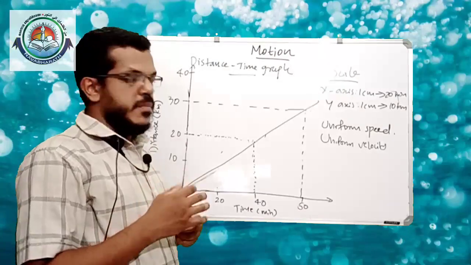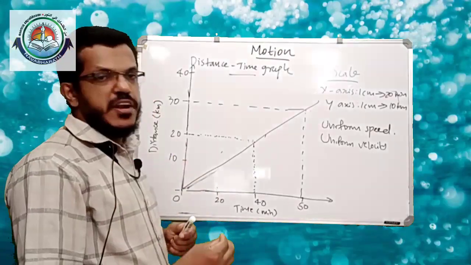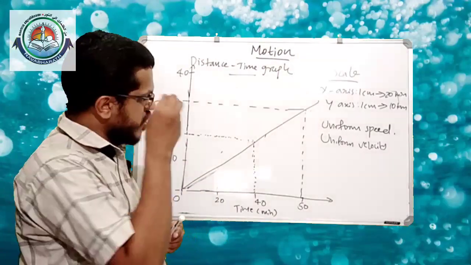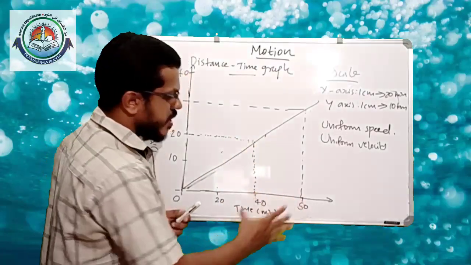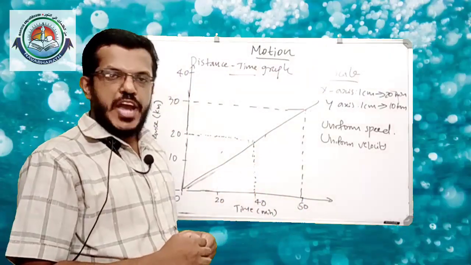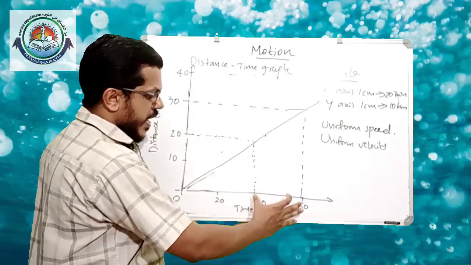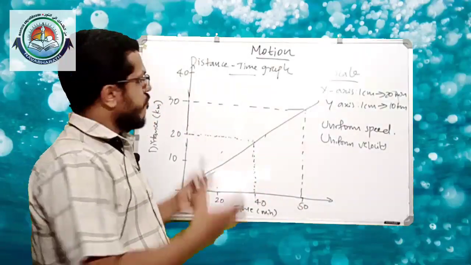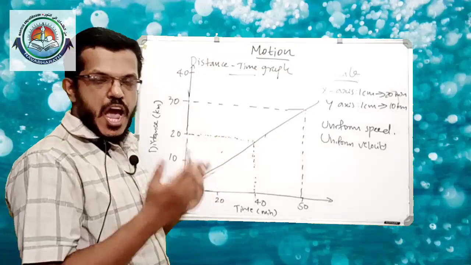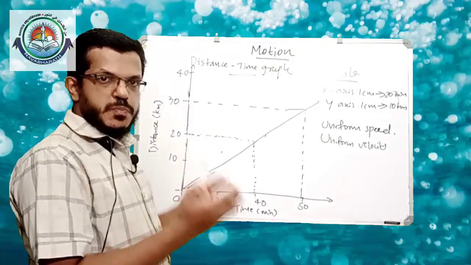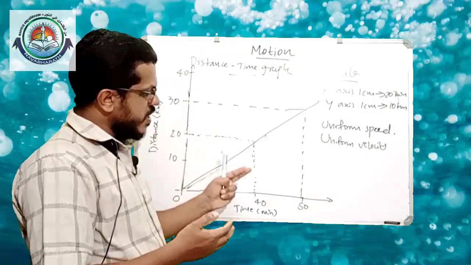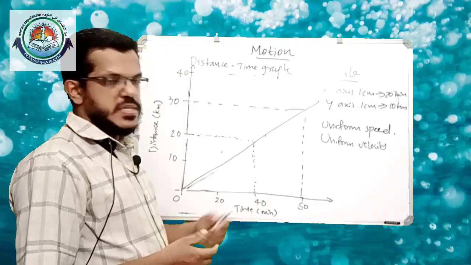Then another problem is: what is the speed or velocity of this object in this particular time interval? How can we find out the speed or velocity of this object at a particular time interval from this distance-time graph?